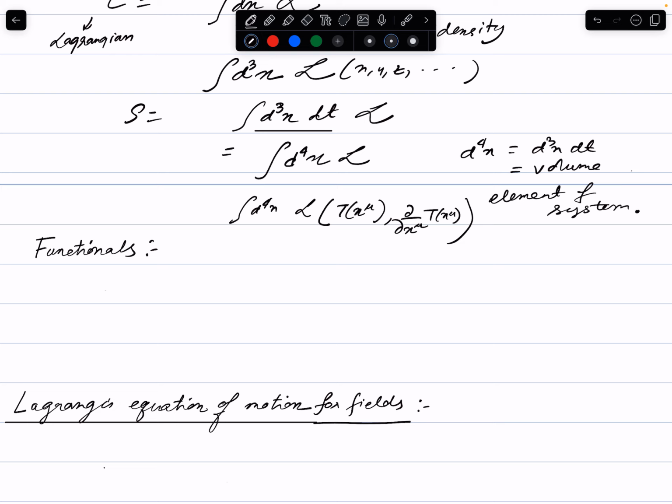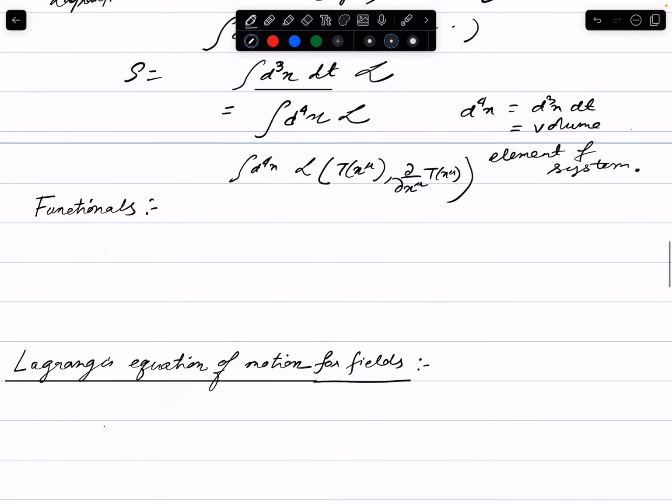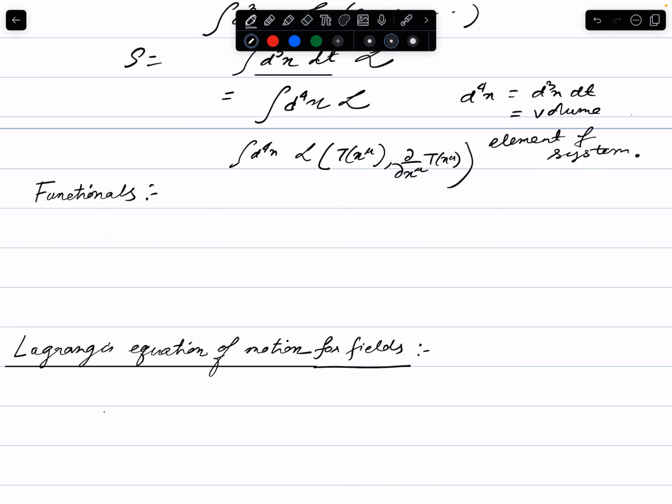And then how will Lagrange's equations of motion look when we have this kind of complicated Lagrangian? We will not derive this, I will just tell you the answer. But before that, this is a little bit complicated to derive. Why? Because now we are dealing with, not with functions, but with functions of functions.